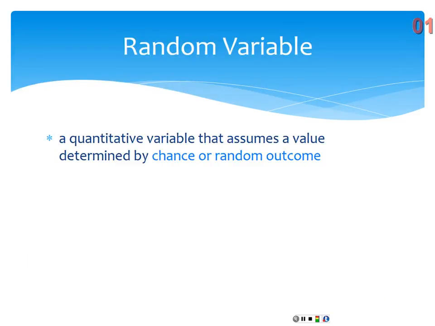So first of all, a random variable is a quantitative variable that assumes a value determined by chance or random outcome. Okay? That's what a random variable is.